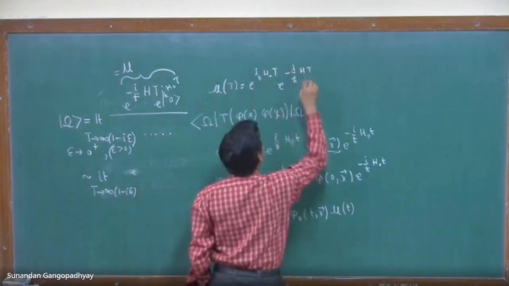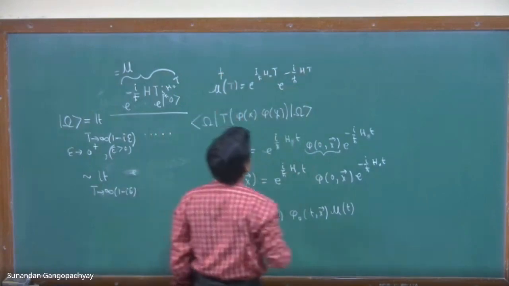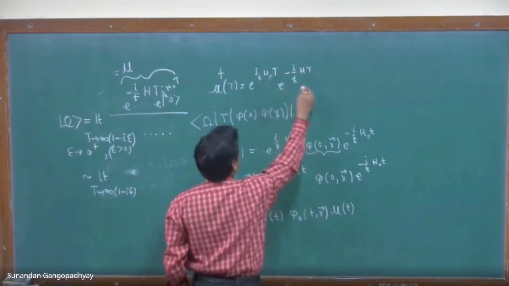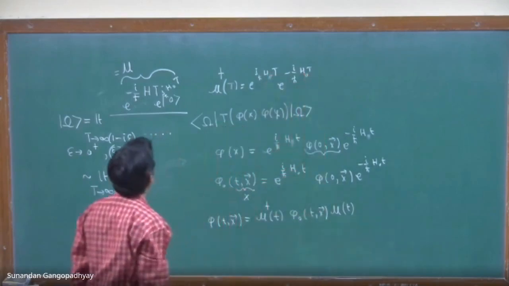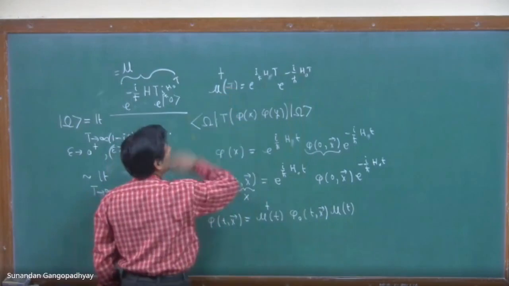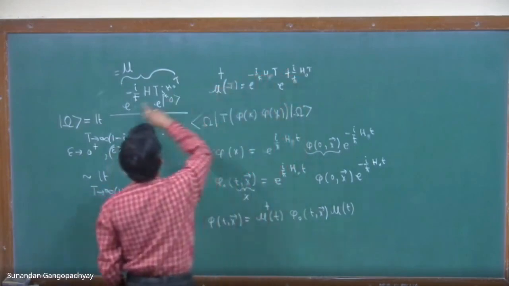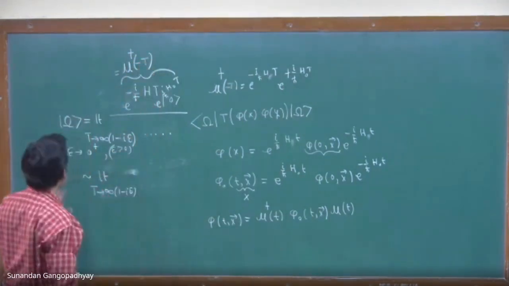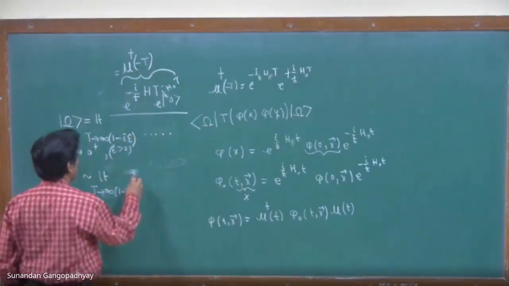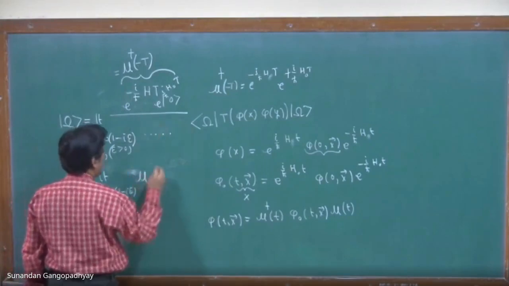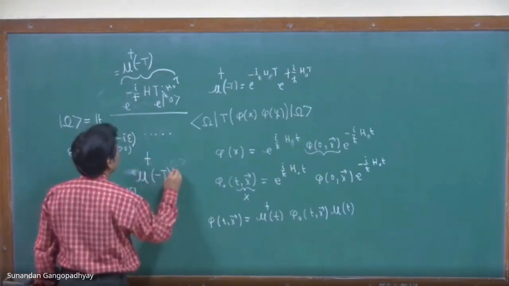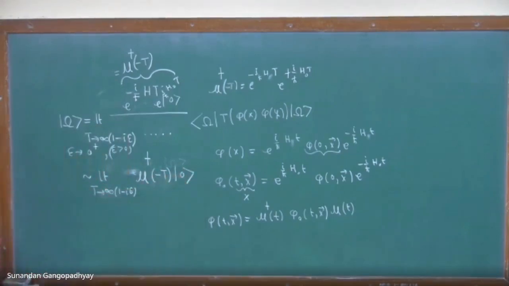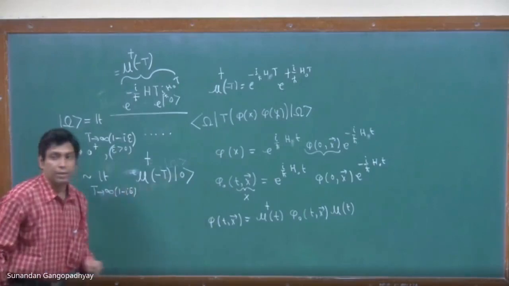So if you take a dagger, this will become h and this will become h naught, right? And therefore, if you put a minus here, this will become plus and this will become minus as before. So this is nothing but u dagger of minus t. So what you can write is this omega is nothing but, apart from these numbers, u dagger of minus t, 0. Okay? So this is the relation that we found in the previous discussion.